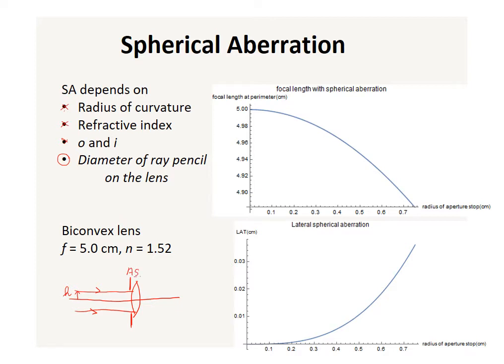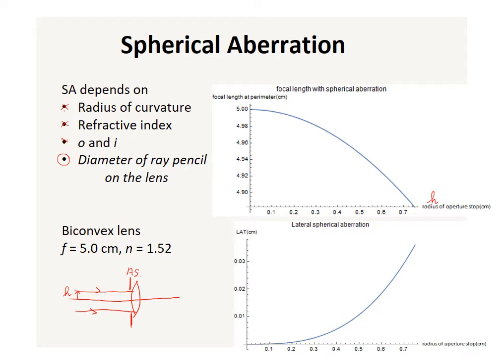So in this case, I have modeled the spherical aberration effects on a biconvex lens with a focal length of 5 centimeters and a refractive index of 1.52. The x-axis indicates the radius of the aperture stop, which of course is the maximum height of a ray that can get into the system.